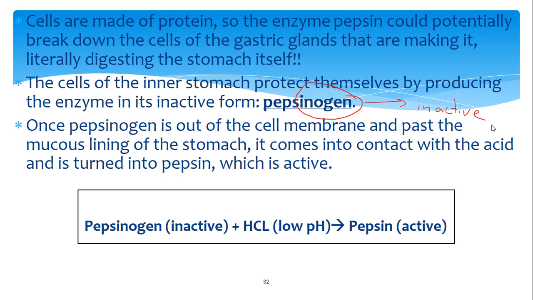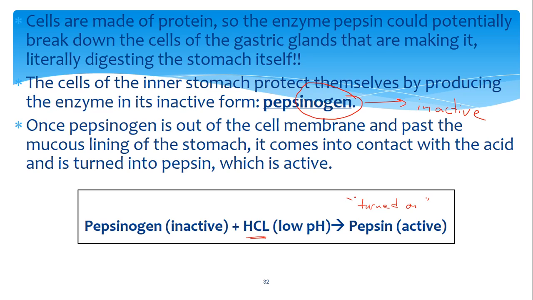Inactive means that it doesn't work. It's not ready to work yet. Now, pepsinogen is produced by your stomach cells and it's inactive. And as soon as the pepsinogen hits the hydrochloric acid, it is now turned on.